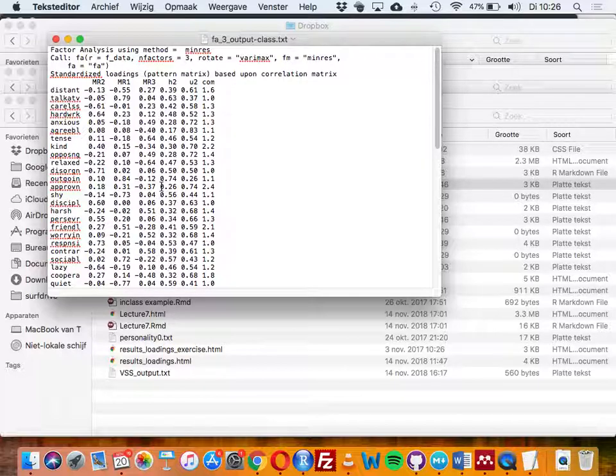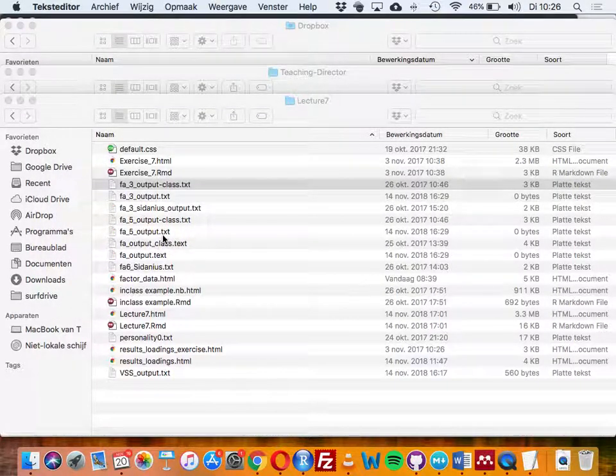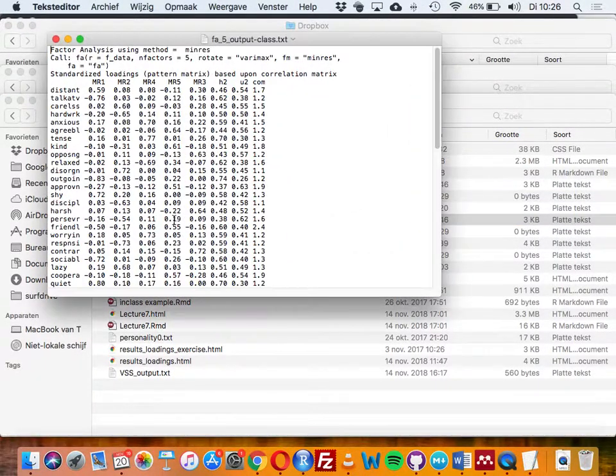What else do we have? Being contrarian a little bit, being harsh. So that probably might tap into some aspects of neuroticism. Yeah. So that's how you would then try to make sense of those factors. You could have also done one with 5, and then again, here we have extroversion.